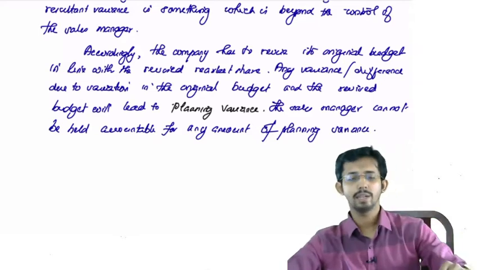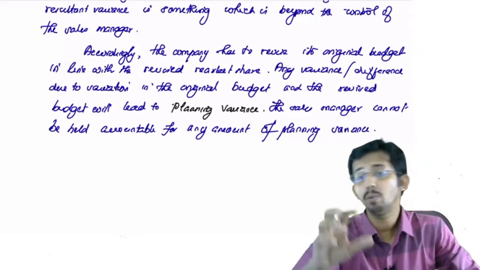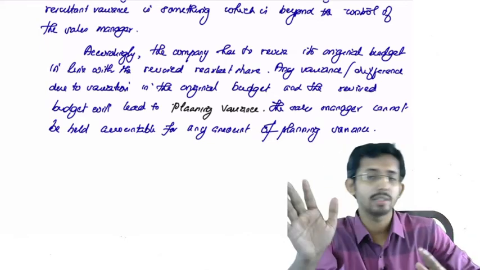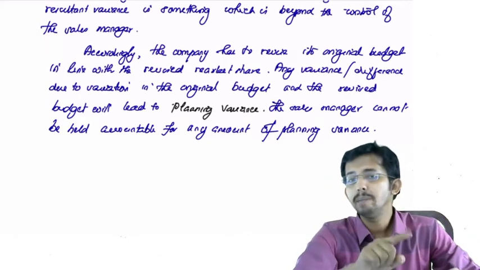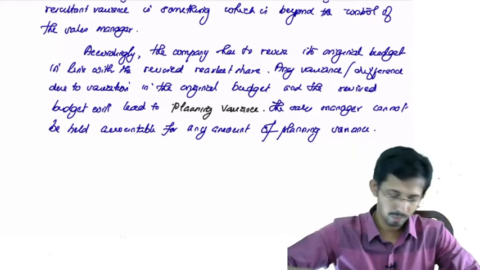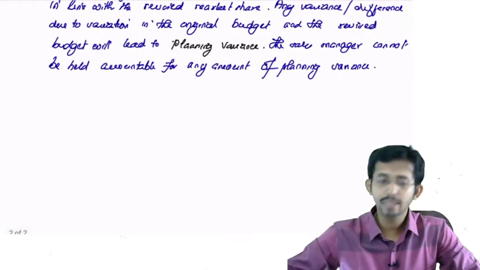Is it clear? Okay, so first we have to identify what is the planning variance, and you take that planning variance out of the picture, because you can't keep your sales manager accountable or responsible for any planning variance.